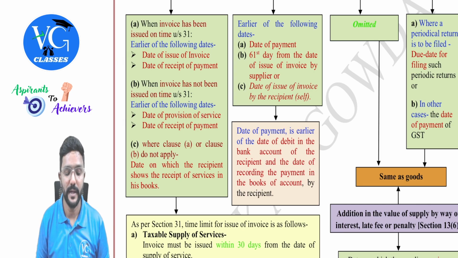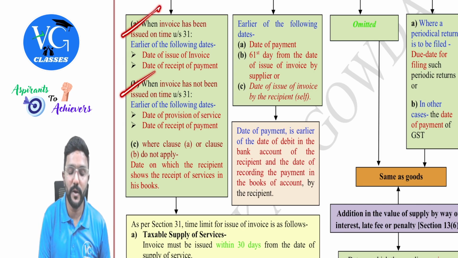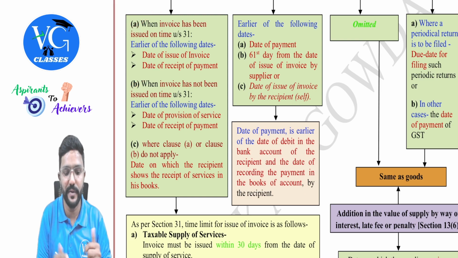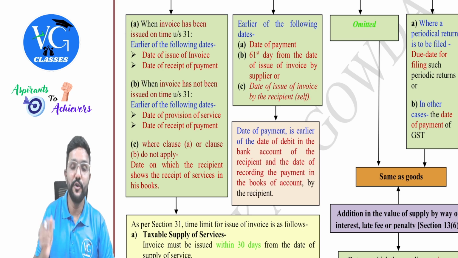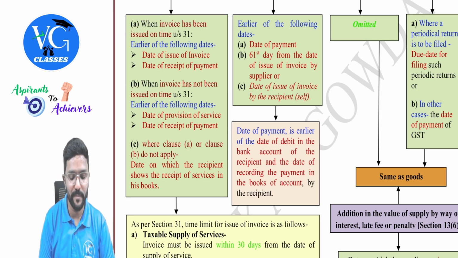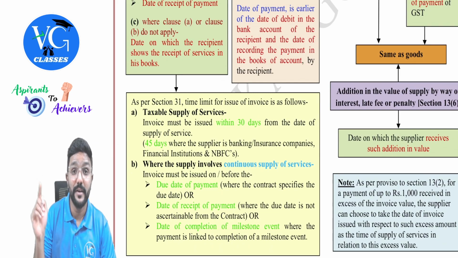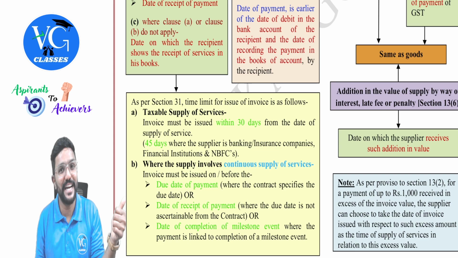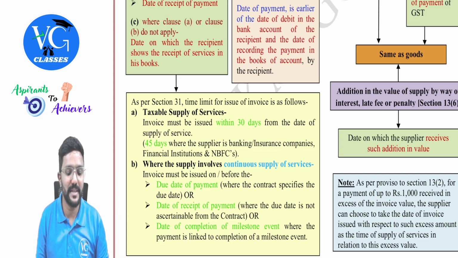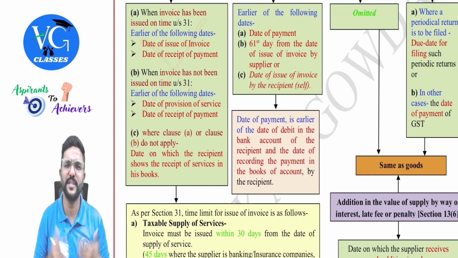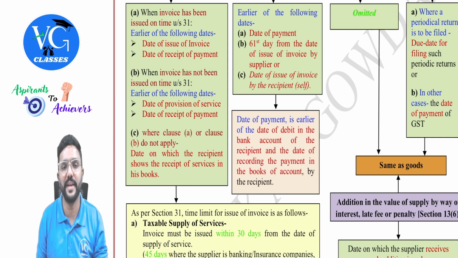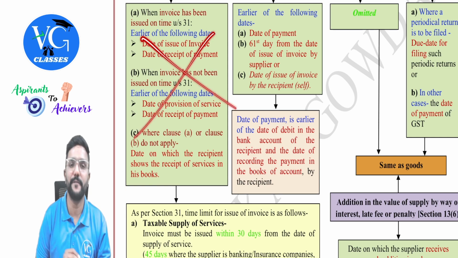Okay, sir. Fine. Next, this is clause A, clause B. Clause A is if the invoice is issued within the due date, and clause B is if the invoice is not issued within the due date. If you cannot decide the time of supply as per clause A or clause B, then clause C tells us the date on which the recipient, who is liable to pay GST to the supplier under forward charge, shows the receipt. But the supplier may not have data about this; assume he doesn't maintain it, or his books of accounts have been burnt by fire, so he doesn't have any of these dates.